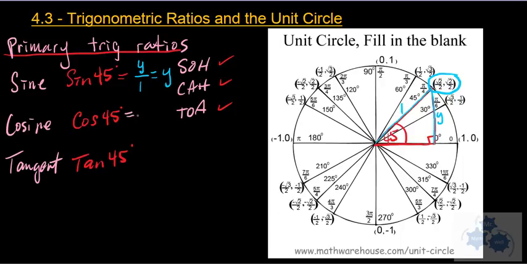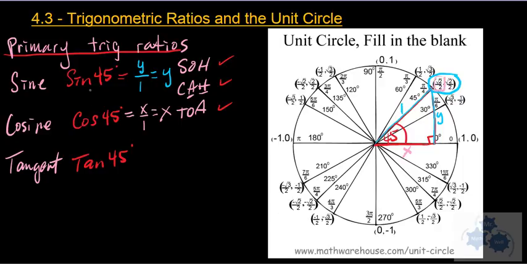Well, cos is the adjacent side divided by the hypotenuse. So the adjacent side is going to be this side, and that's going to be your x value. So it's x over 1 in the unit circle, which is just x. So let's check, because it looks like if that's true, the x value here is root 2 over 2.